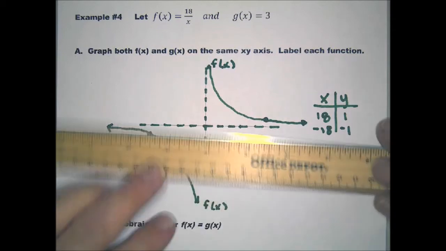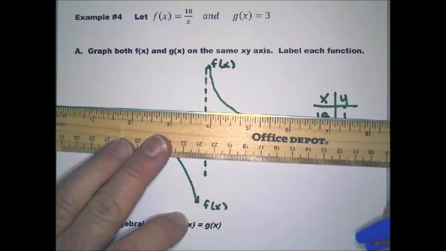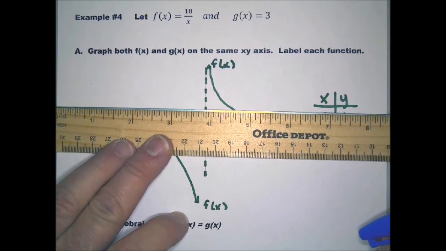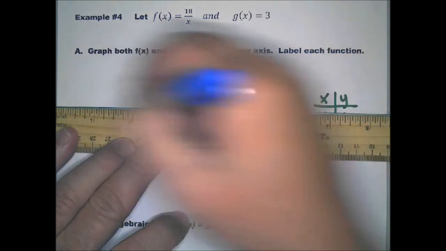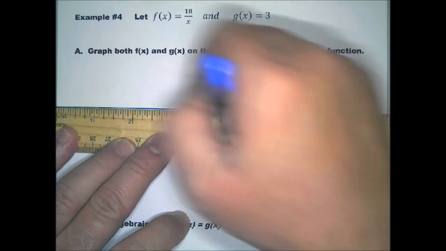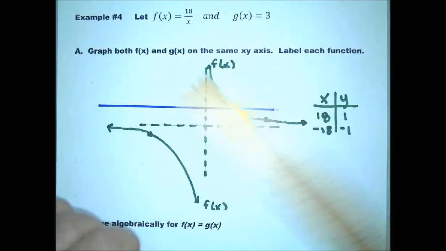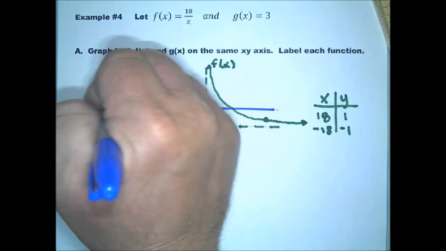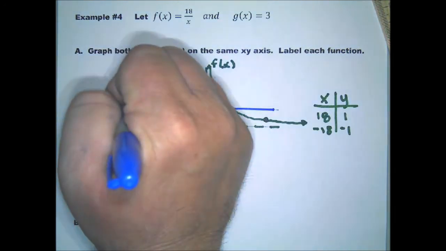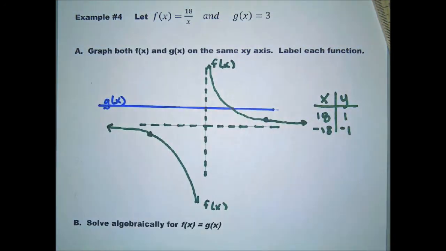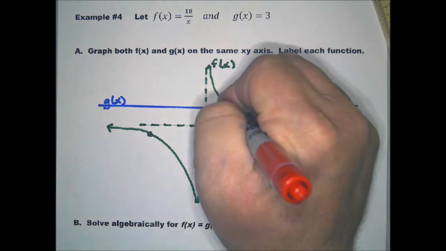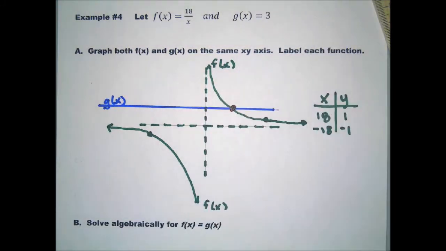So I'm going to put where I think positive 3 is, and I'm going to make a horizontal line. And I'm going to say that's g of x. So where do f of x and g of x meet each other? They meet each other in one place only, and that's right there.